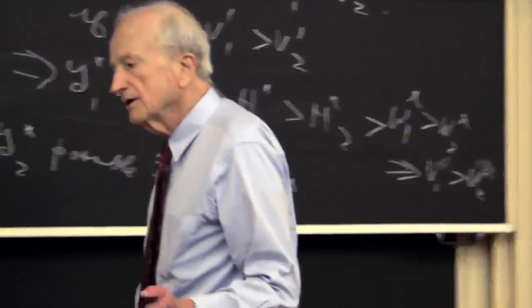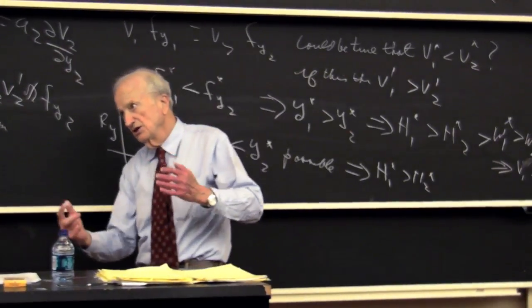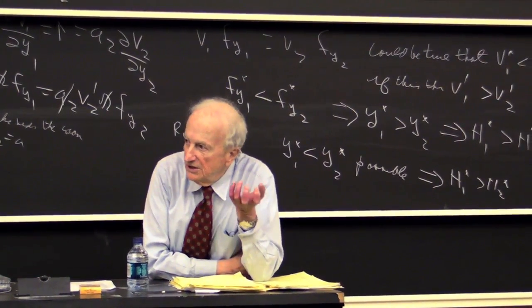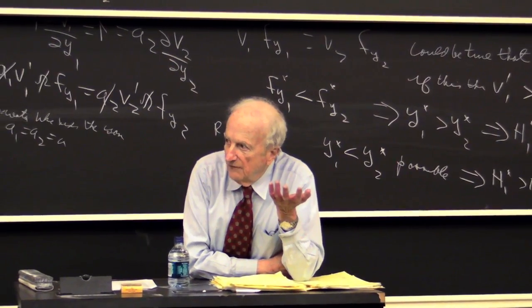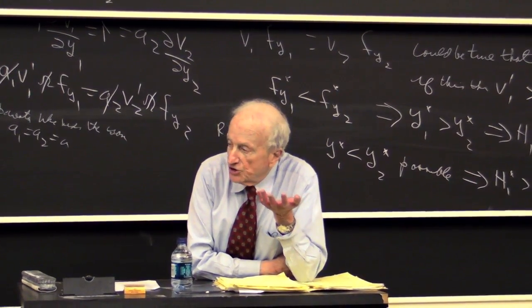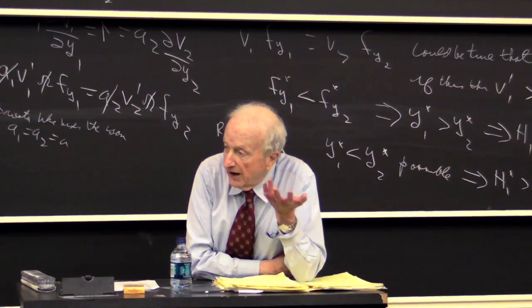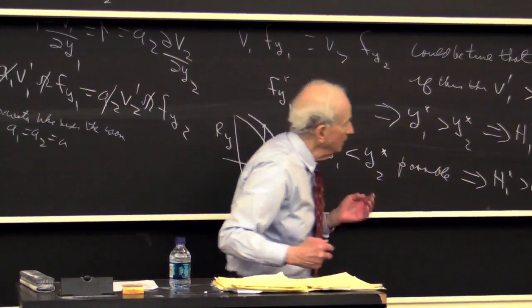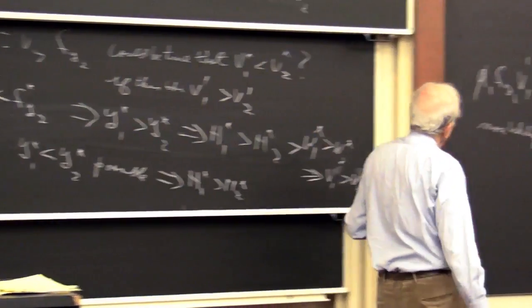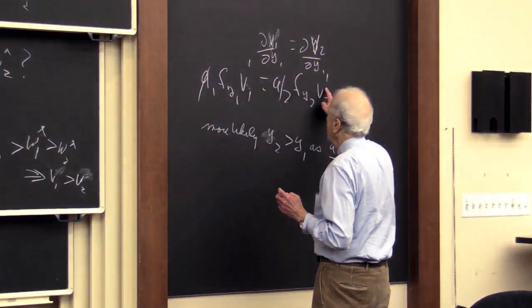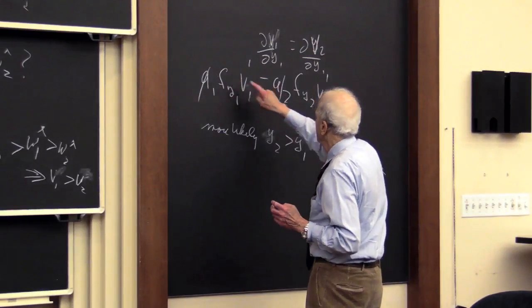Not the marginal product of the investment, but you're balancing the lower marginal utility from an additional dollar you get from raising the income of the more able kid versus the greater marginal product of investing in the more able kid. That's the balancing. Because what we showed is this is going to be less than that, therefore this must be greater than that.